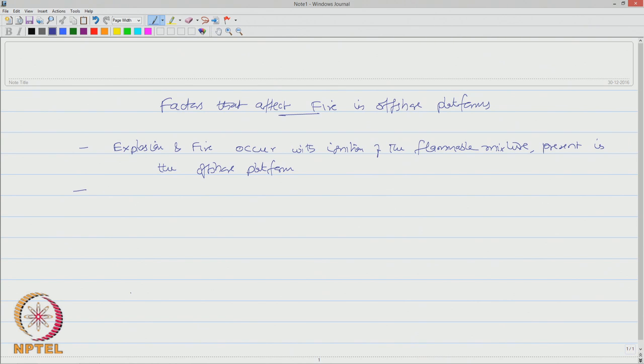Various factors lead to the fire in offshore platforms. The foremost factor is congestion in design and layout of plants and equipments in the top side.